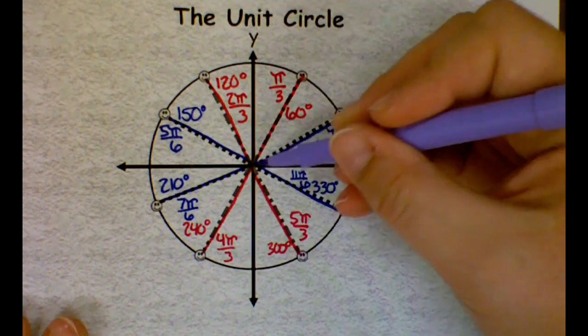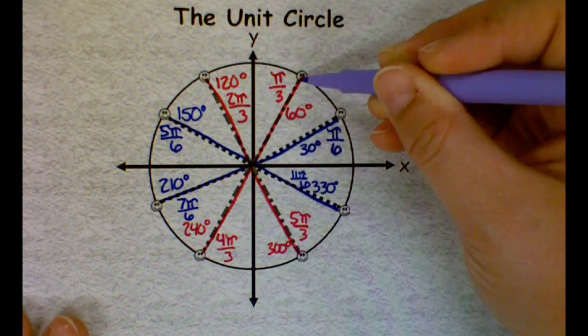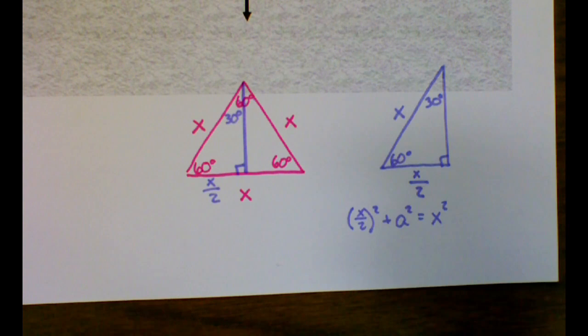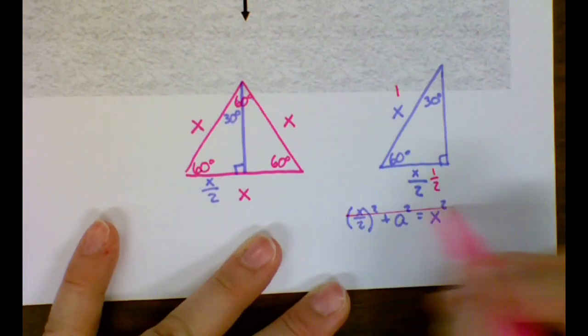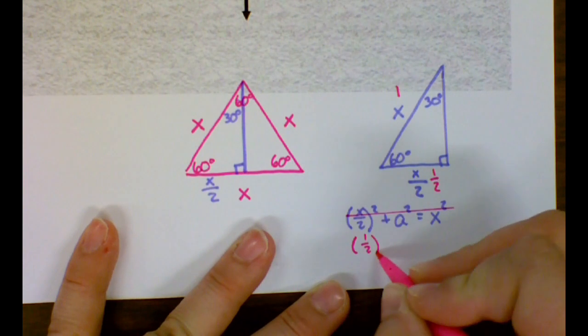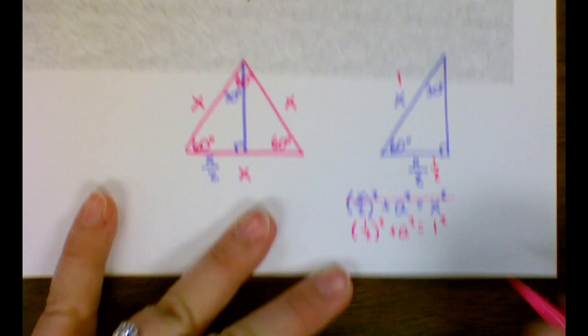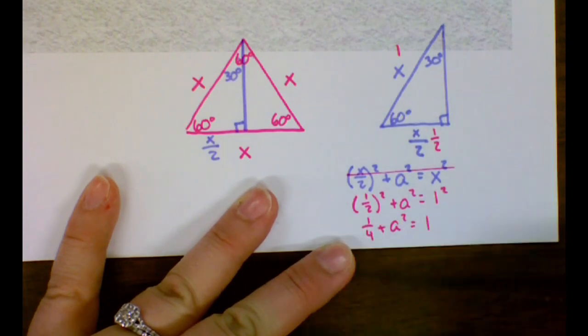Back up here, if I have my 60-degree angle, the hypotenuse is 1. Instead of x, let's use 1. Which means this is 1/2. Which means we have 1/2 squared plus a squared equals 1 squared. Which means 1/4 plus a squared equals 1.